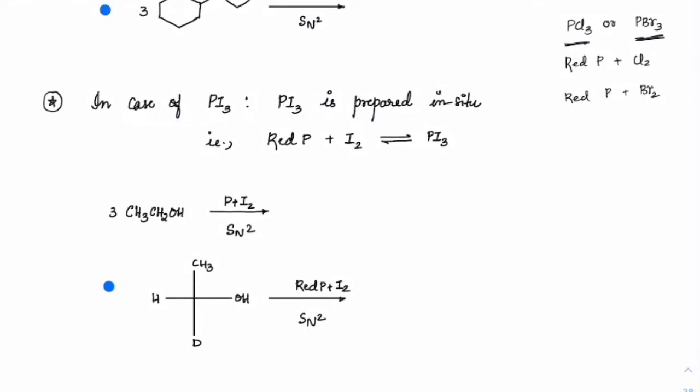So in case of PI3, it is prepared in situ. That is, first we would add the iodine, and then on top of that we will add red phosphorus to the alcohol solution, and the reaction will take place. So the product would be 3 moles of CH3CH2I plus H3PO3.